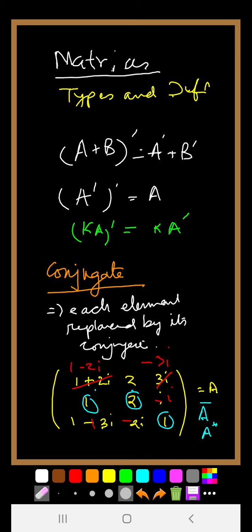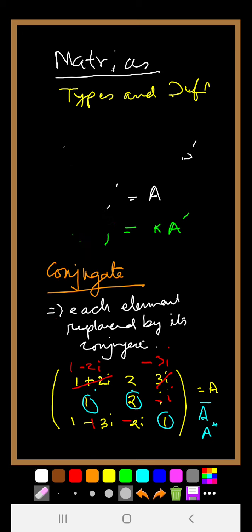The next property is called the trace of the matrix. Trace is nothing but the addition of all the diagonal elements of a matrix.